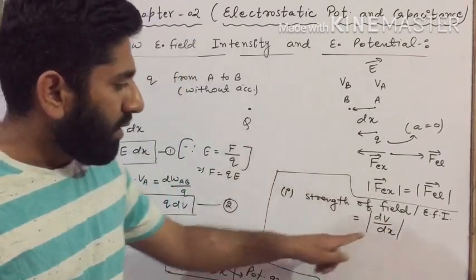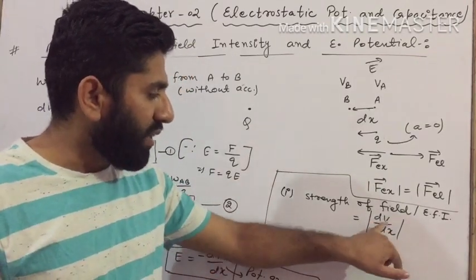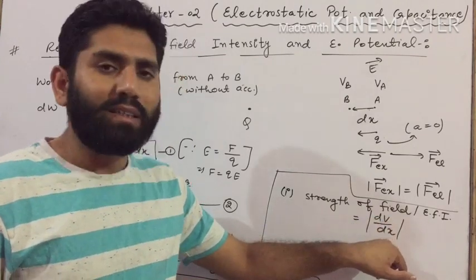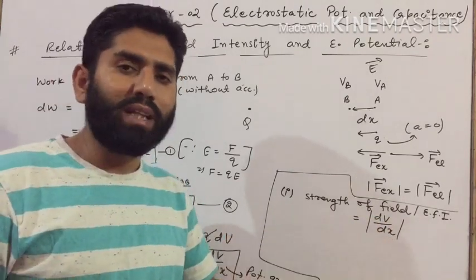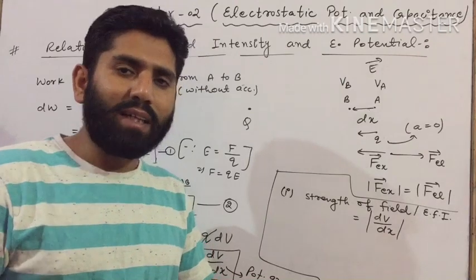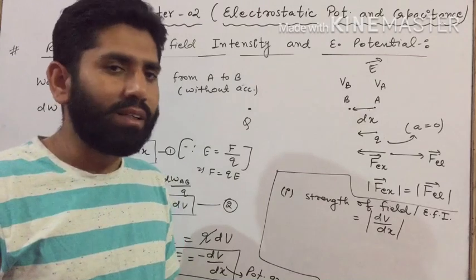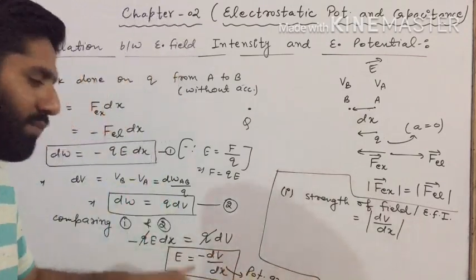It is a potential gradient, the rate of change in potential with distance. So when you are moving in the electric field, the higher the rate of change in potential, the stronger the electric field will be. So this is what this term states.